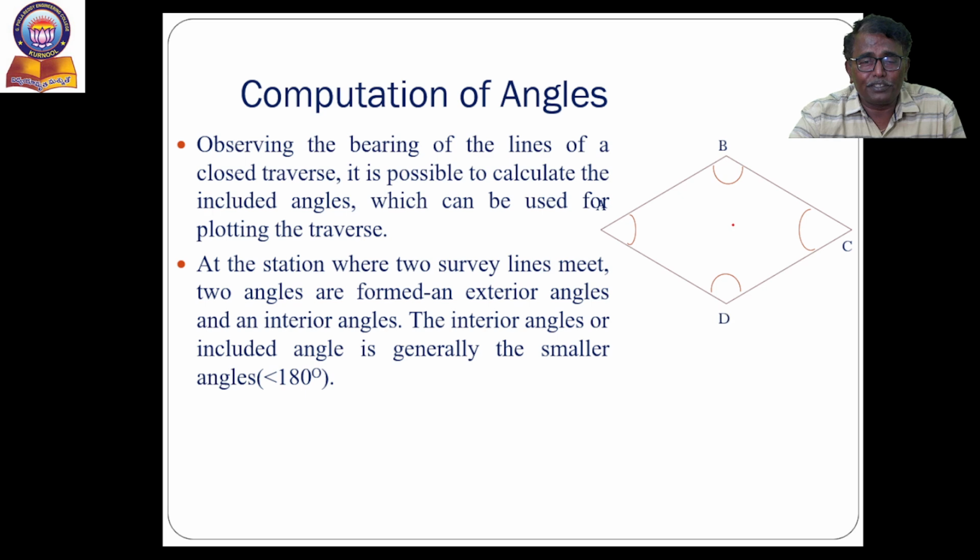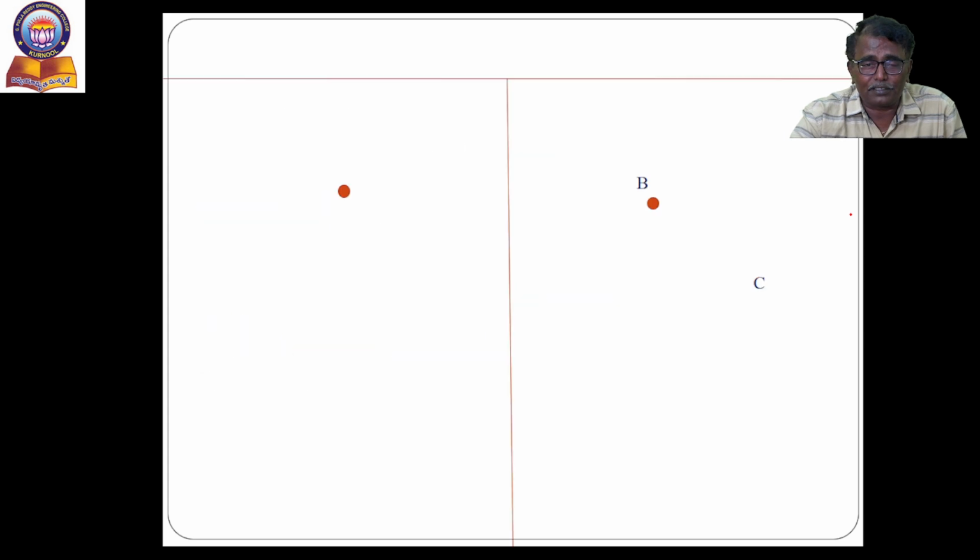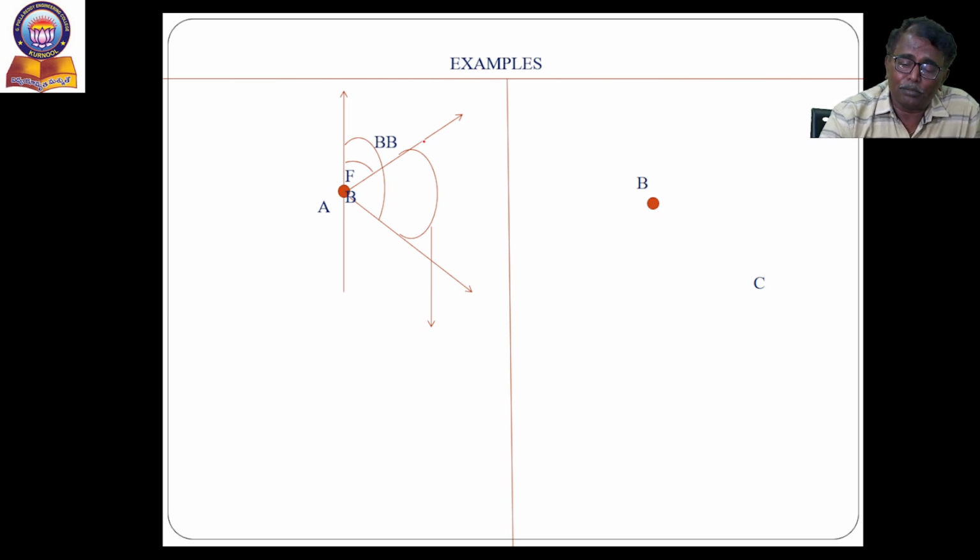Let us say ABCD is a traverse. An example is given here. To calculate the included angle between two lines taken from the same instrument station, that is A: from A we are observing the bearing to E as well as B. AB is in this direction and AE is in this direction.